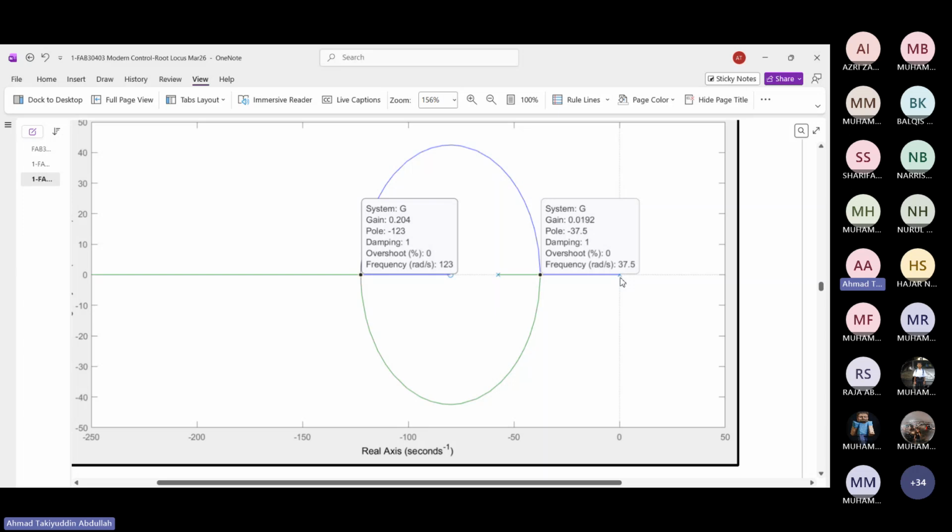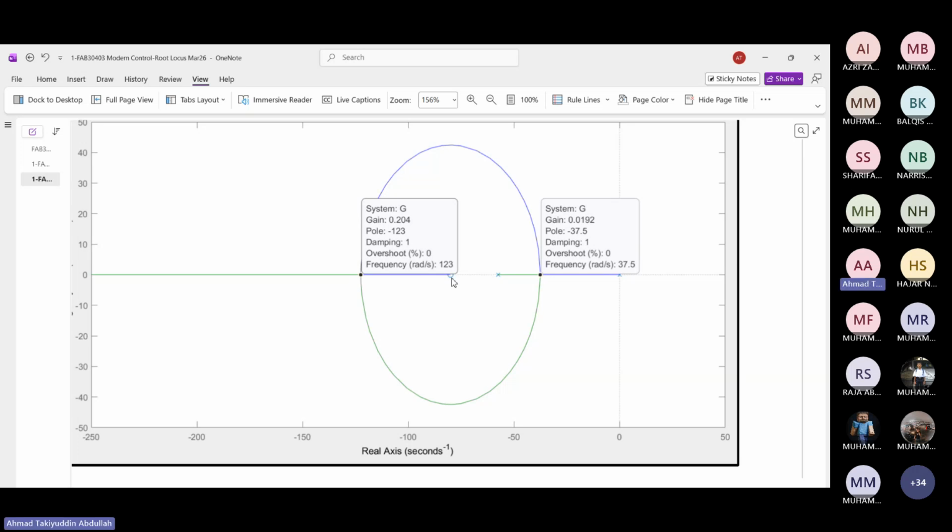The point at pole equals 0. This is the point where our pole is at minus 57 something, and this is the point where our zero is at minus 18. Got it?